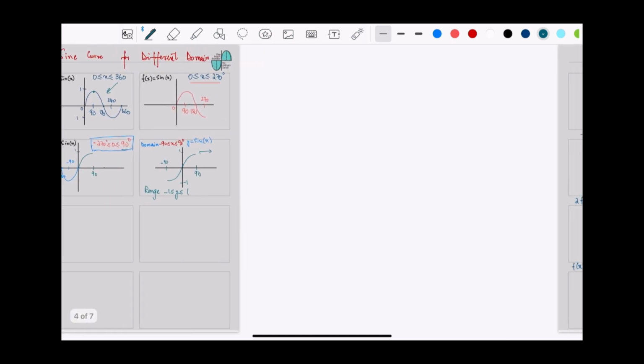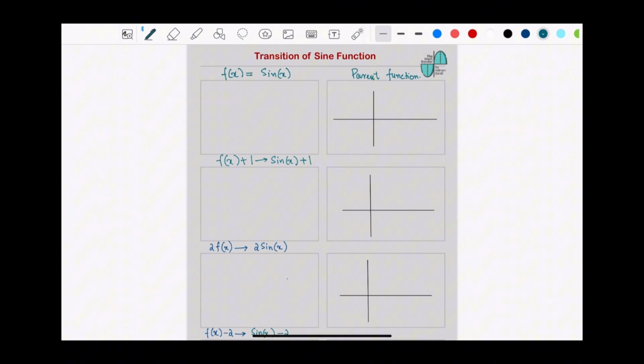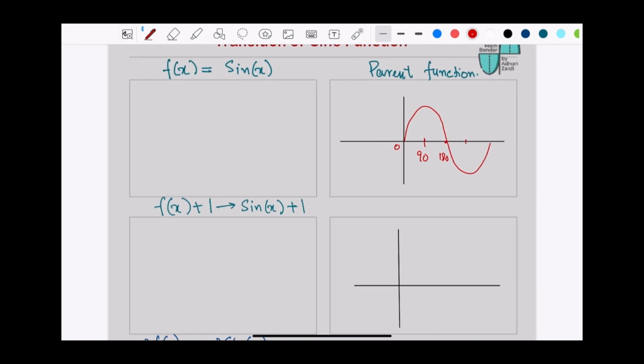Let's look at more questions here and the transformations of it. So this is our basic sine function. This is 0, this is 90, this is 180 degrees, this here is 270, and this here is 360. Note that I am only taking 0 to 360. That does not mean that you cannot draw 2 waves, 3 waves. It's up to you.